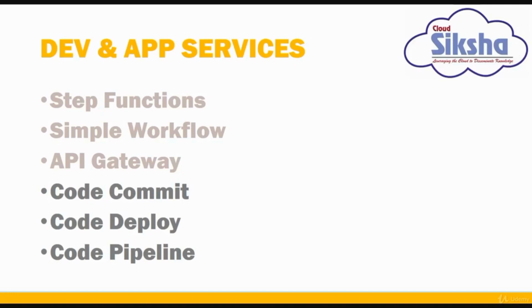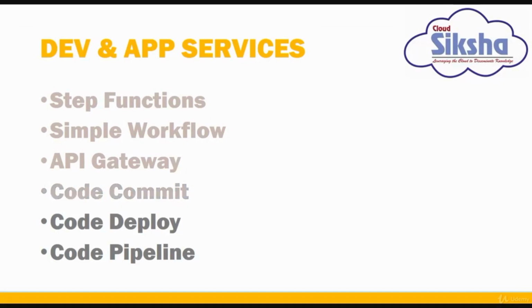So you don't need to operate your own source control system, or you don't need to worry about scaling your source control infrastructure. You can just use CodeCommit. In CodeCommit, you can securely store anything, the source code, your binaries, etc., and it works seamlessly with your existing Git tools.